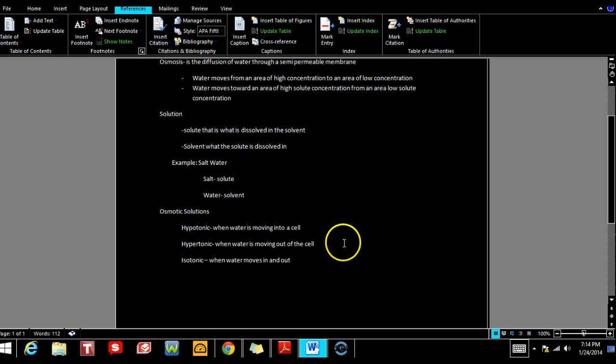And I also want to explain these just a bit differently. When we're talking about hypotonic, hypertonic, isotonic, we're talking about solutions in relation to each other.